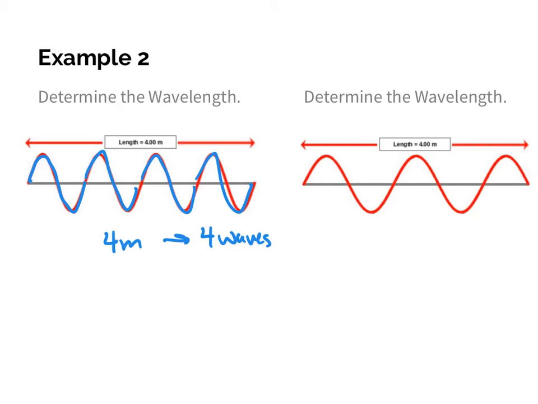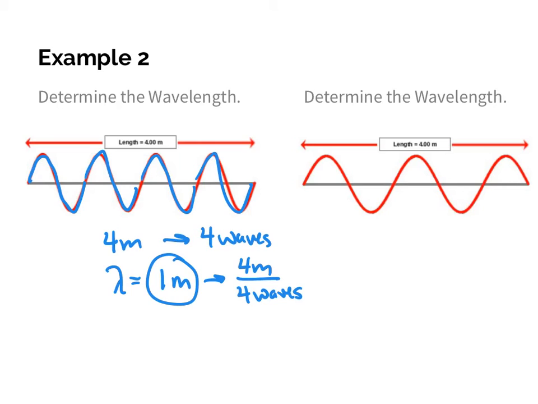When I try to find the wavelength, I want to figure out the length of one wave. If there are 4 waves in 4 meters, that means the length of one wave should be 1 meter. The way to do this mathematically is to take the length and divide it by the number of waves that I have. So essentially what I get is 1 meter per wave. That would be the wavelength in this case, and there's our symbol.